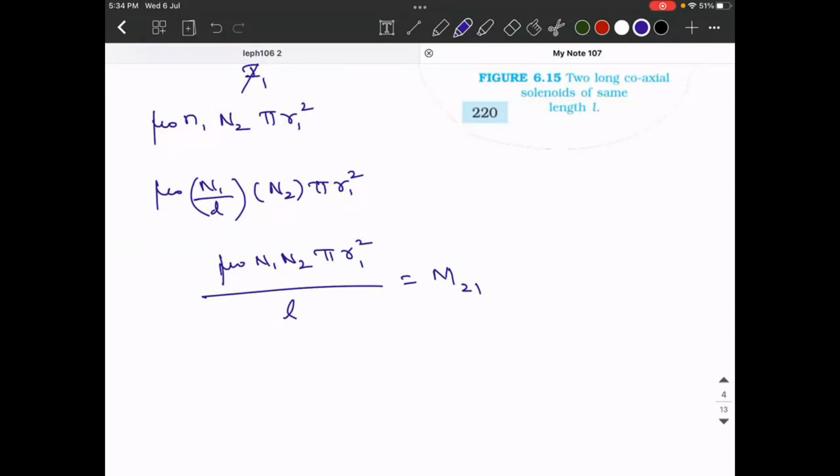Had they been of different lengths, the denominators L1 and L2 would have been different. So please make a note here: M12 and M21 are the same, provided both the solenoids are of the same length L. Am I clear?